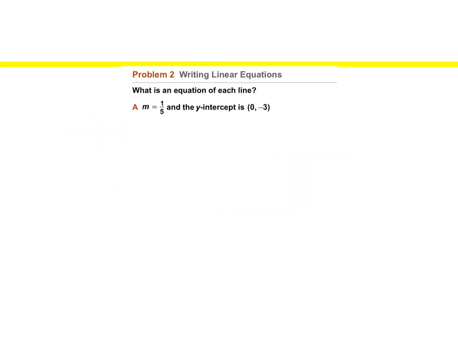So for example 2, it asks us what is the equation of the line, and it gives us the slope and the y-intercept. So my equation of a line is y is equal to mx plus b. What's my m? 1/5. It gives it to me right here. So I can just plug that in, 1/5.